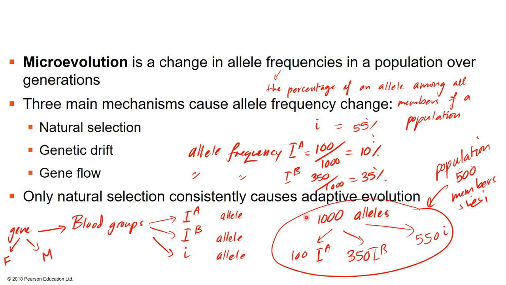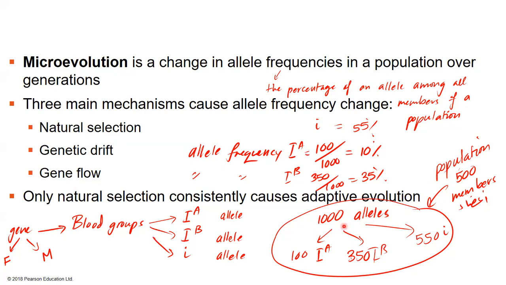Now, within this population, these allele frequencies are not fixed. They might change with time. How? Because of these three mechanisms. And this is what we are going to discuss in this course, how these three mechanisms can change the allele frequencies within the population, okay?